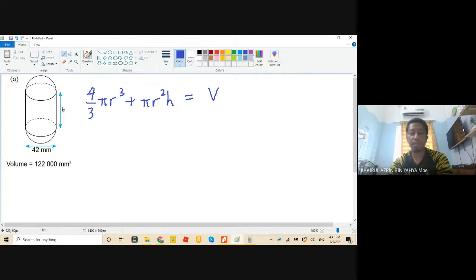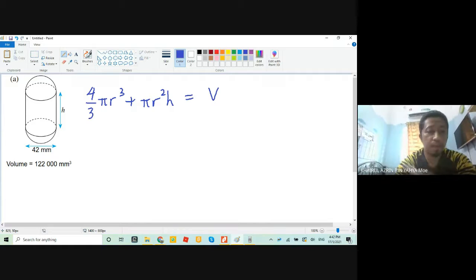Okay, I want to use 22 over 7. So let's solve this question. So 4 over 3 times pi, 22 over 7, times r. Okay, so r is not 42. 42 is the diameter. So 42 divided by 2 becomes 21. So the radius r is 42 divided by 2, equal to 21.